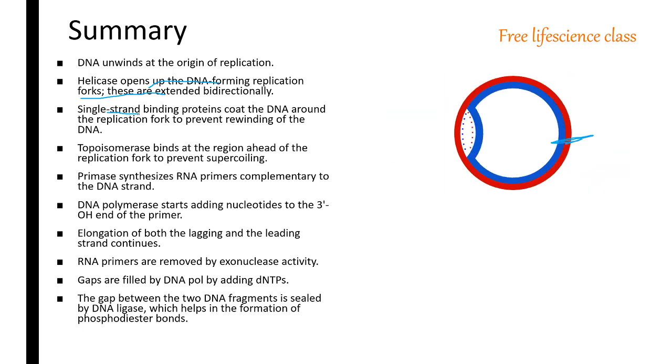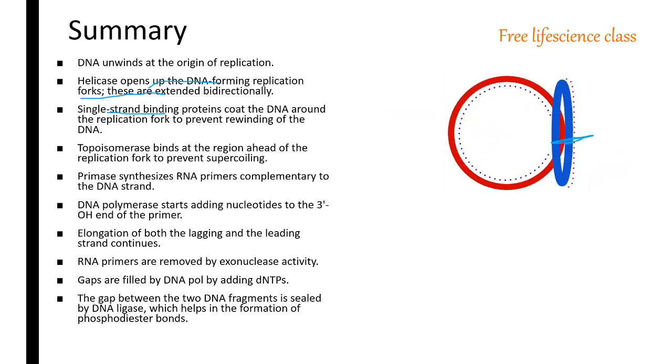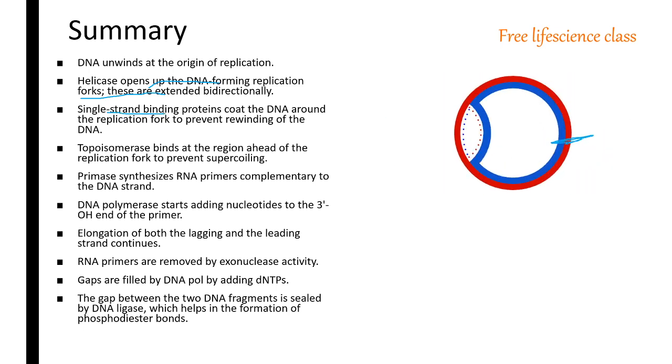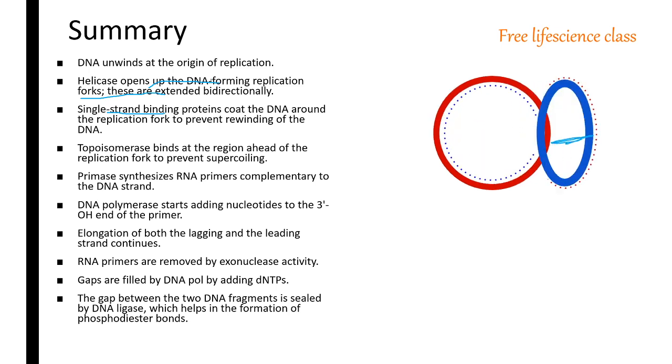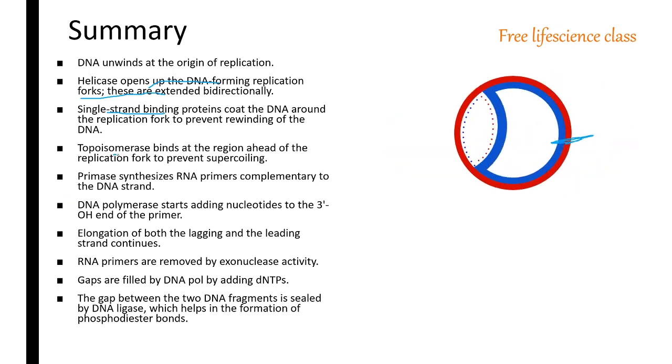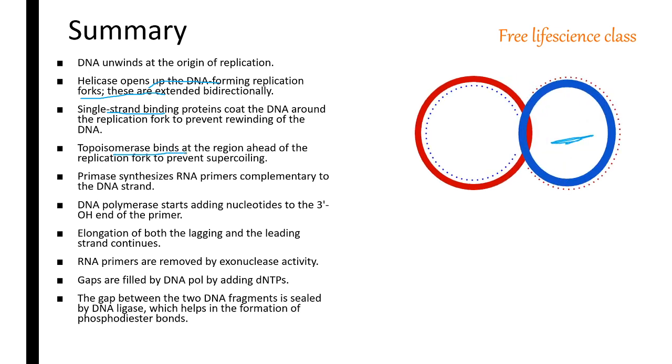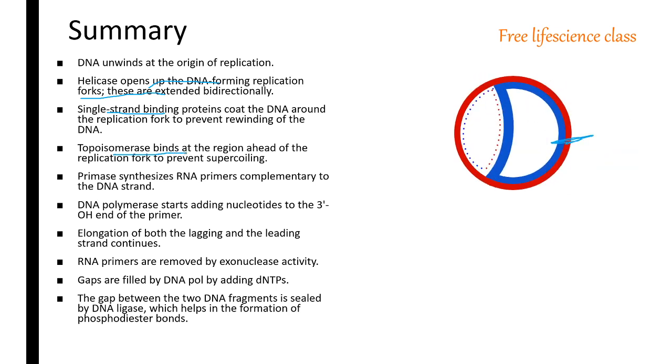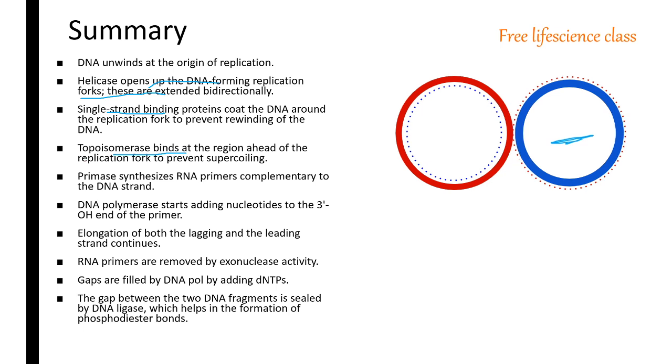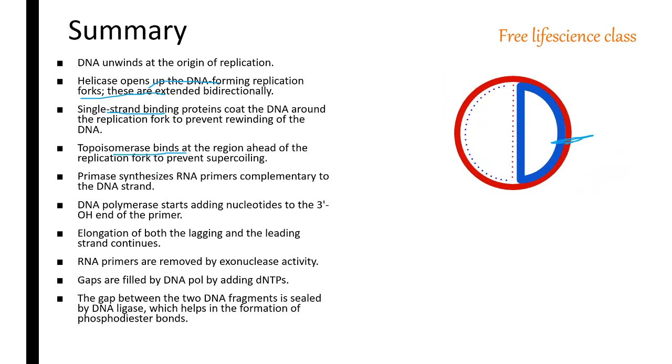Certain proteins bind to the single stranded DNA and prevent it from rejoining. Then the topoisomerase enzyme will help in releasing the tension felt by the DNA double helix due to supercoiling. Then primase enzyme adds RNA primers.